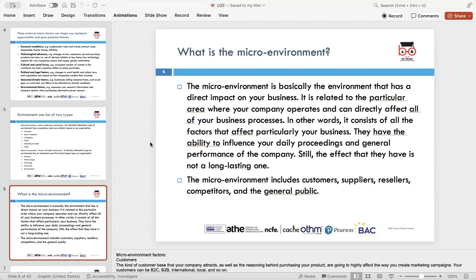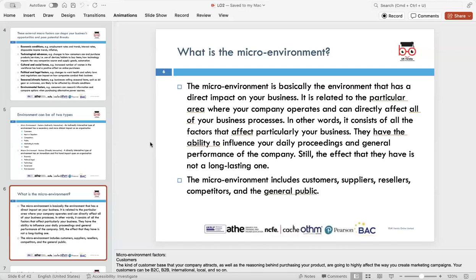So what is the micro environment? The micro environment refers to an environment that has a direct influence on your professional enterprise. All of your business processes may be directly impacted by it, as it is connected to the specific region in which your firm operates. Simply put, it is comprised of all the elements that have an impact on your company in particular.